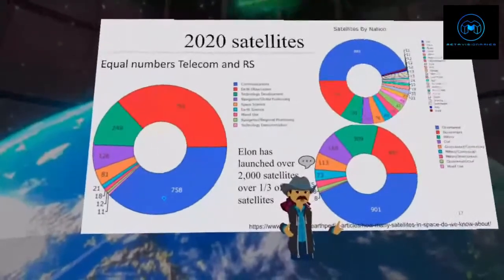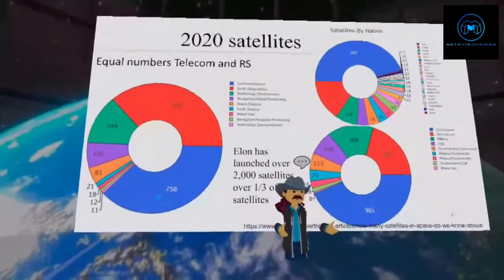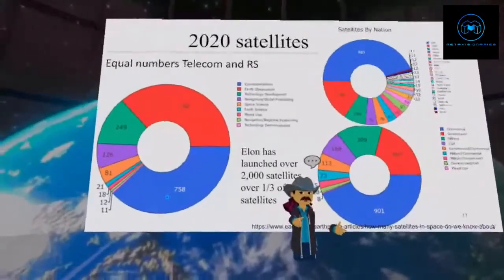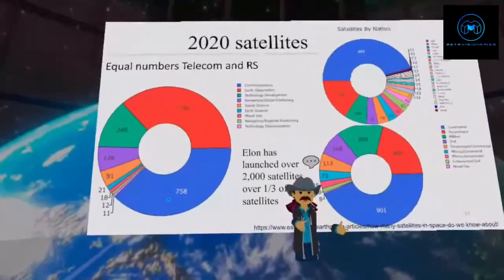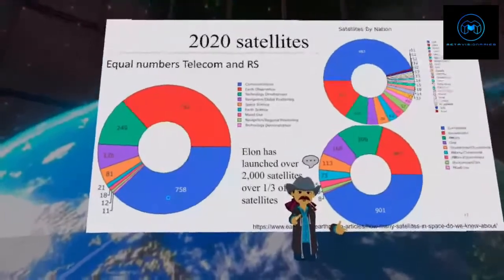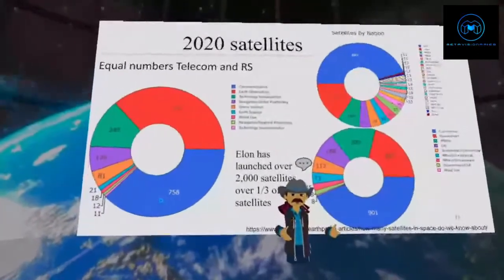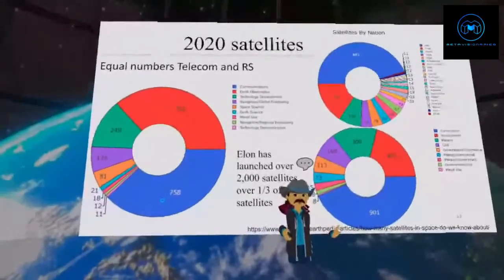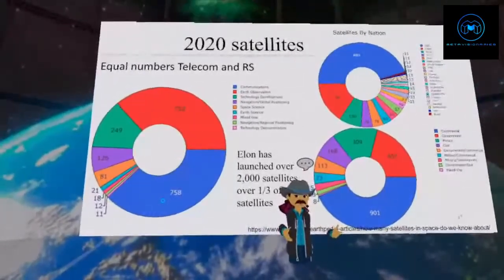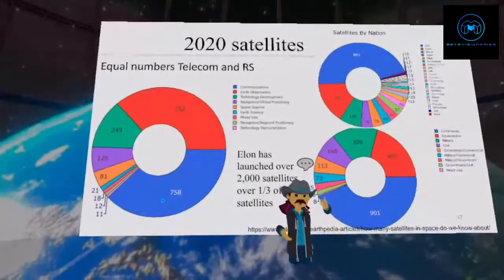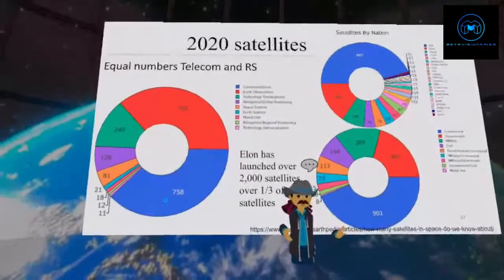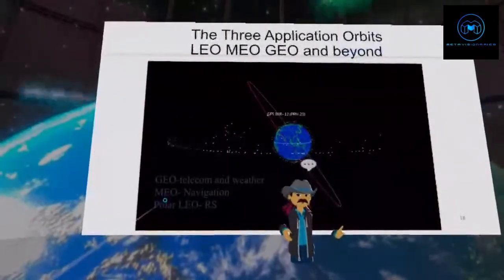Many of them are for his own companies. So you see today now we have about equal number of remote sensing and telecommunications satellites. Again, in the upper right, by far, most of the satellites that have ever been launched or are currently operating are operated by the United States. So these are all just slides of background information to help you understand the context.